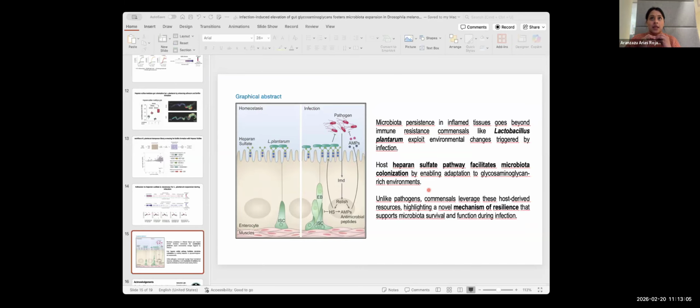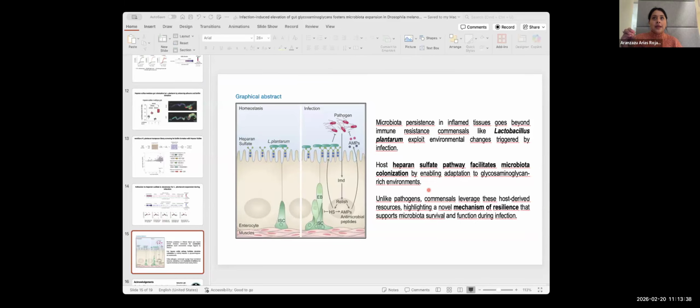Not only that, it also seems to regulate intestinal stem cell production, which helps renew the whole gut barrier in Drosophila. So when the host is sensing the pathogen through NF-kappa B or any of the receptors like TLRs in the gut, it promotes the synthesis of heparan sulfate.